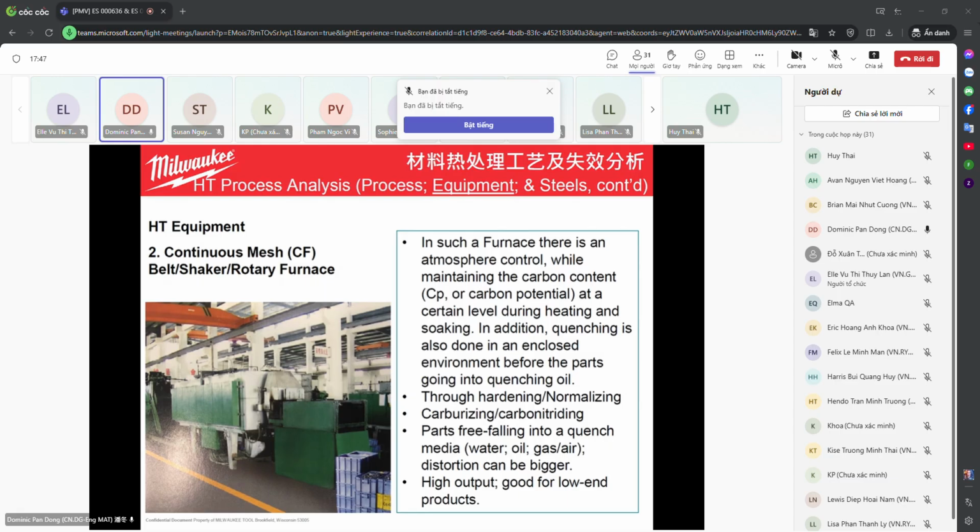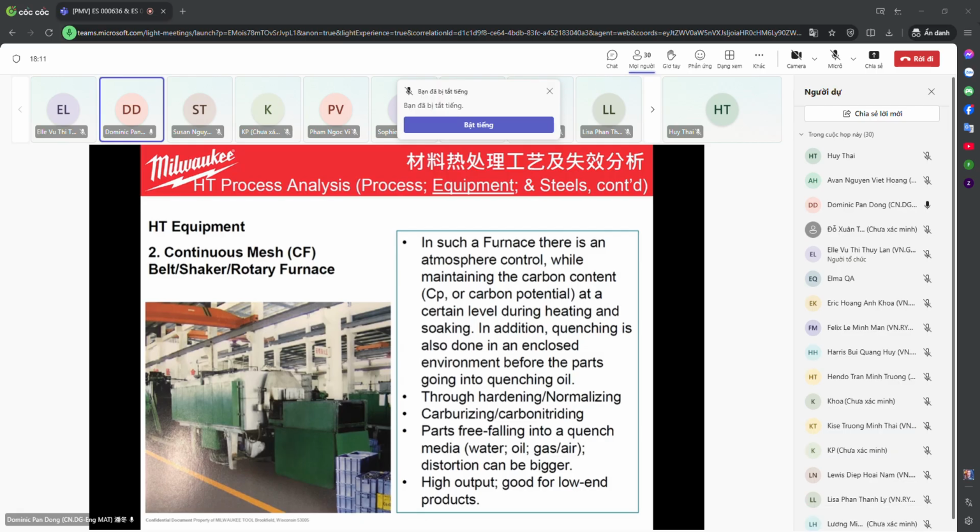First is for through hardening or carburizing for parts with low severity requirement, or we call it GA class. So any parts with a GA grade requirement can go to the continuous belt furnace.